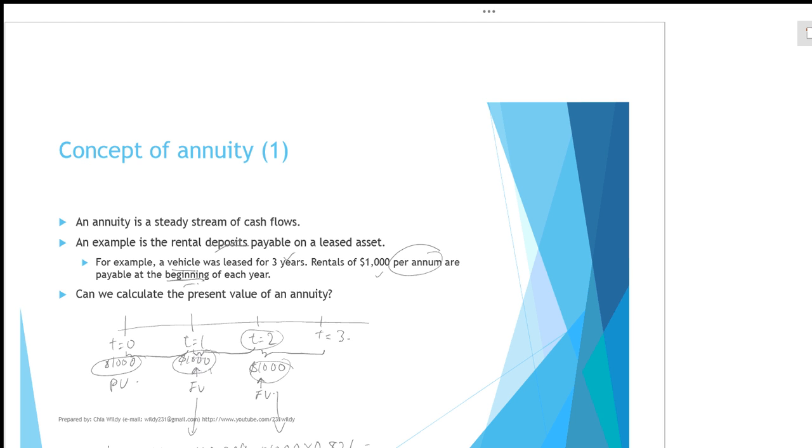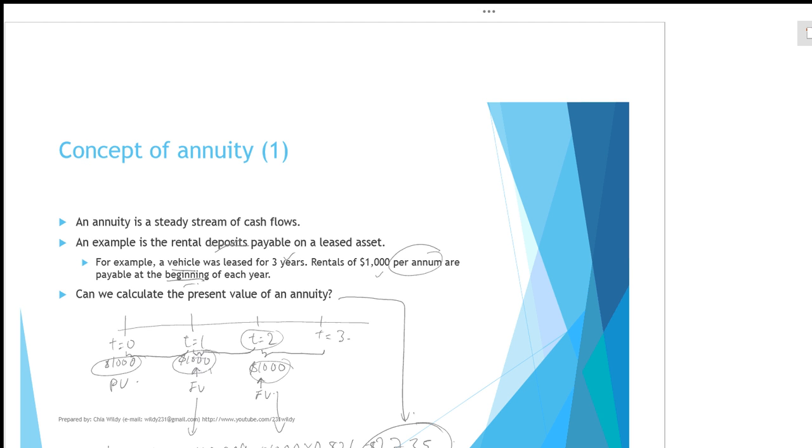So let's work out. This gives us 1,000 plus 1,000 times 0.909 plus another 1,000 times 0.826. This gives you in total $2,735. So this is the present value of an annuity, right?